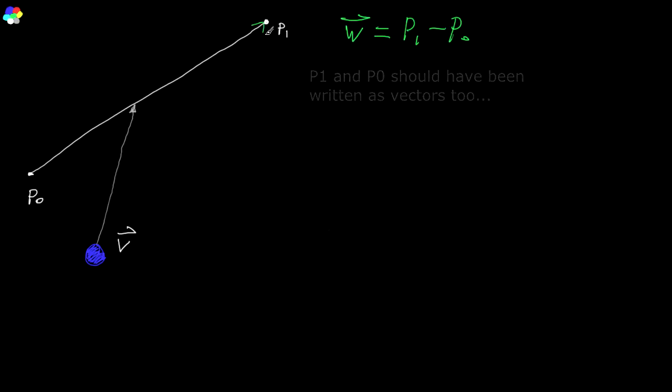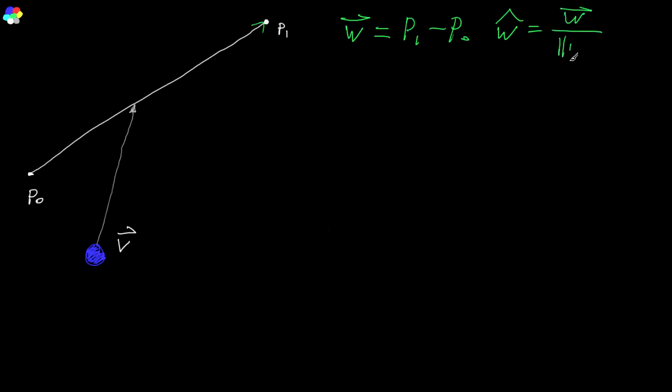Because the wall is going to be the direction that we're going to be projecting onto, we need a unit vector in that direction. That's simple. We'll call that W hat, which is equal to W divided by the length of W. So just normalizing W gives us W hat.